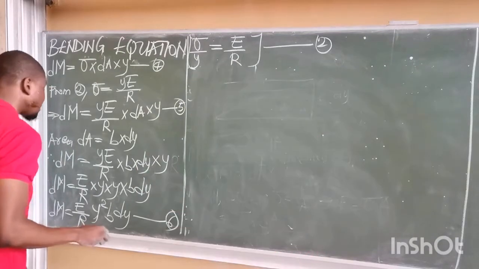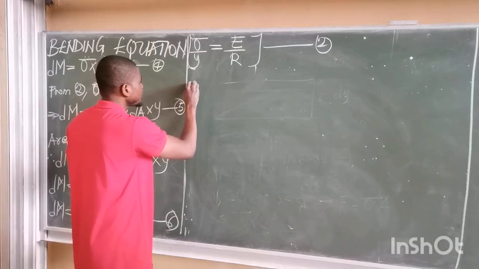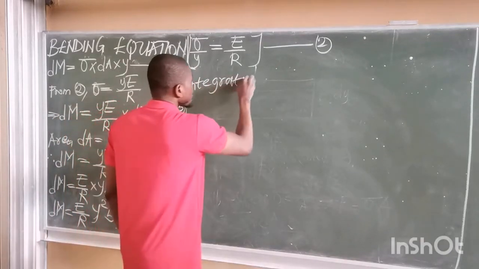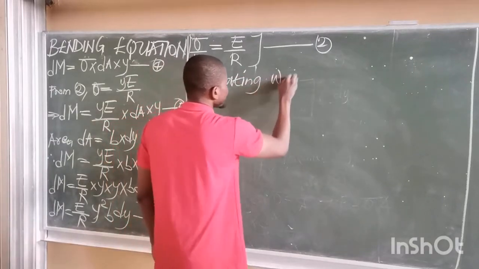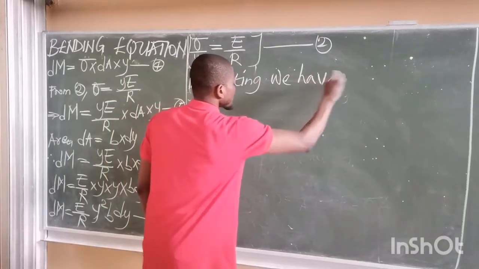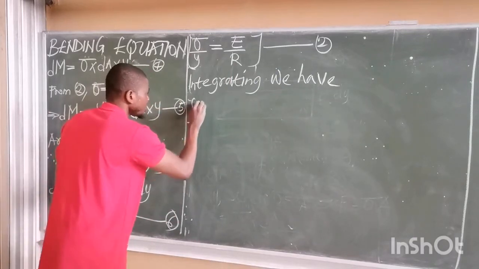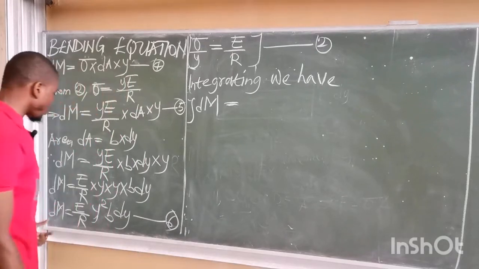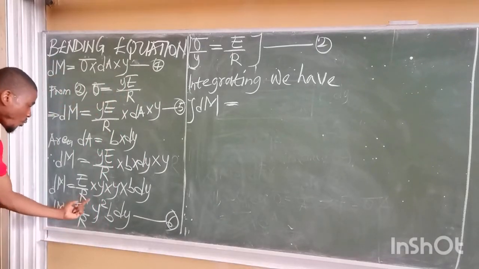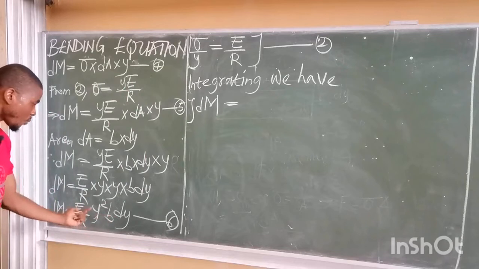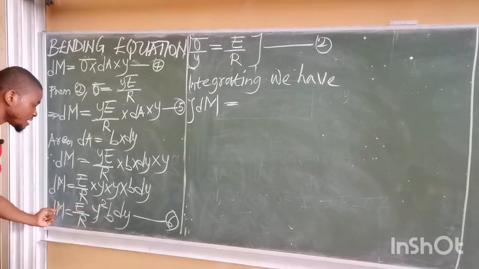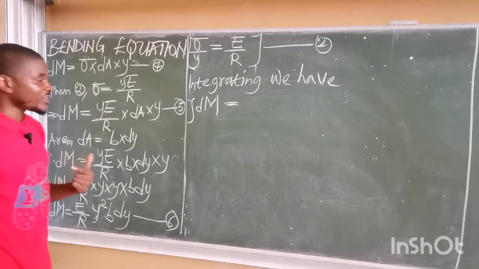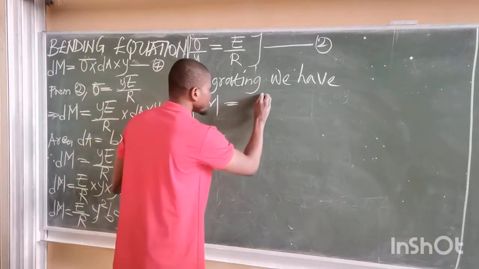Okay. So integrating, we have, all right. So we simply integrate the M to obtain total moment, and that's now equal to, but on this side, I'm seeing y squared dy. So I'm going to integrate the right hand side with respect to y, and therefore I will have a limit, and that limit is simply what?